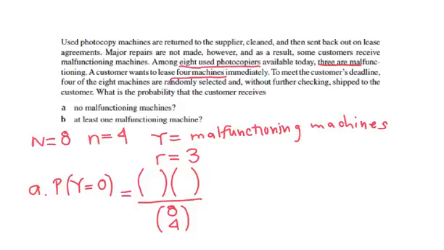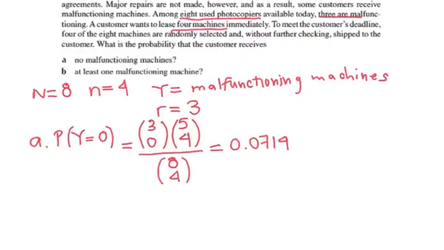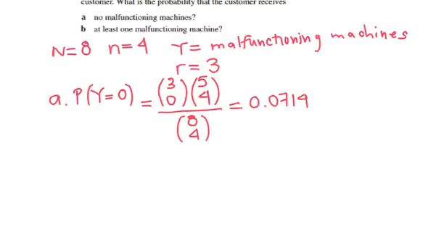Then you have from 3 we want 0, and from the rest we want 4. So we want 4 out of the 5 that are right. So that would be the probability of no malfunctioning machines.